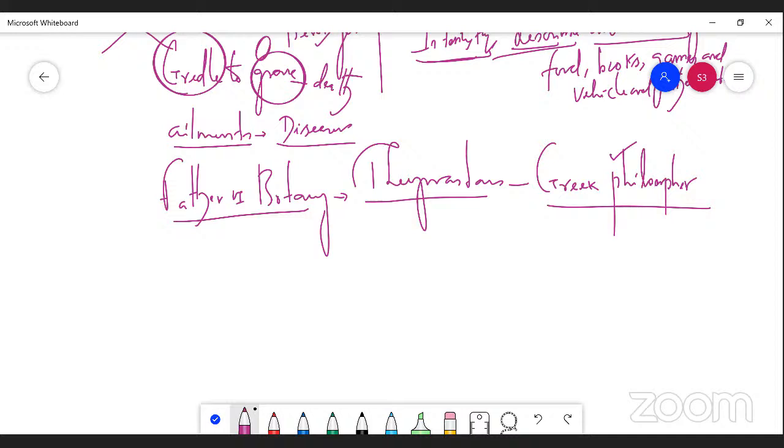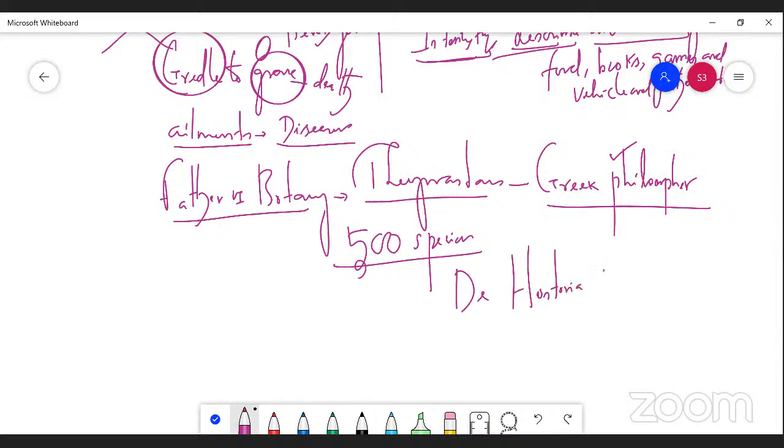He named and described 500 plant species. Please underline. He named and described 500 plant species in the book De Historia Plantarum. Which book?